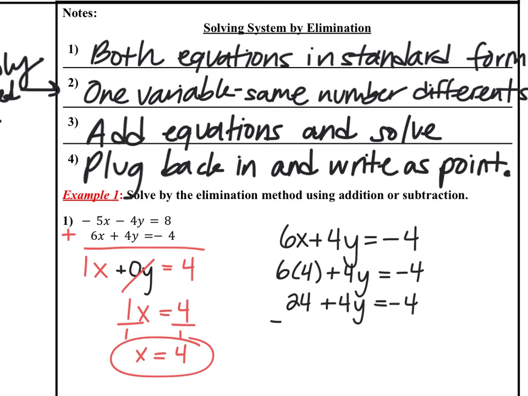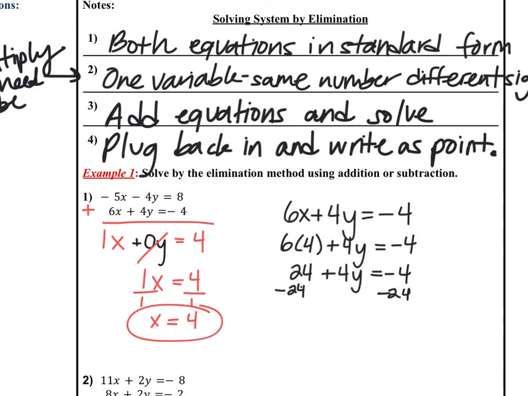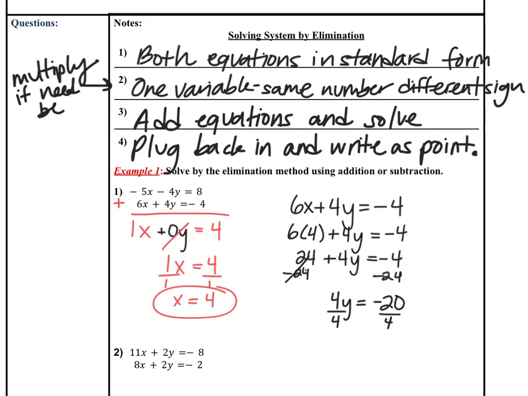And then if I subtract 24, 4y equals negative 20. And then I divide by 4 and get that y is negative 5.